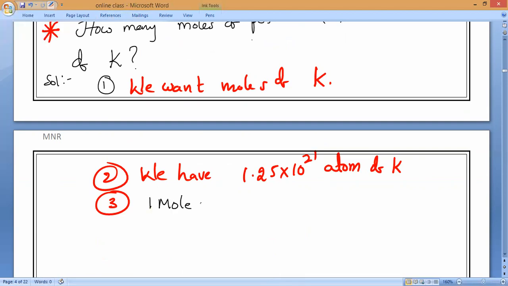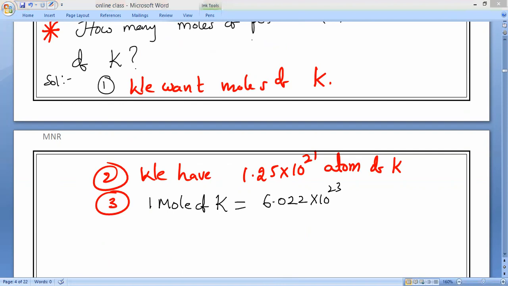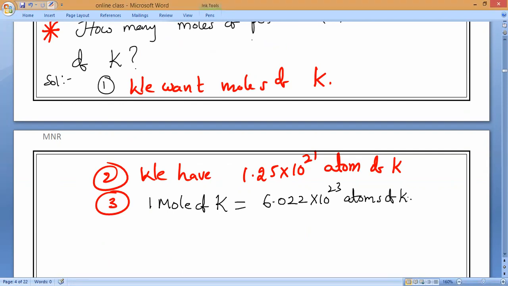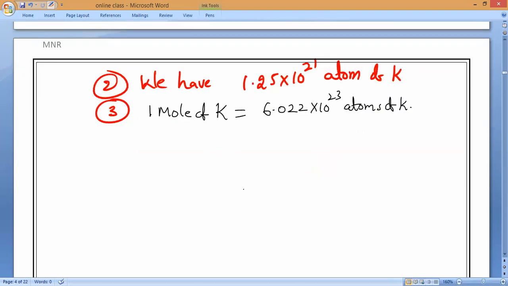So 1 mole of potassium is equal to 6.022 into 10 power 23 atoms of K. Is it clear? Now write the given one first: 1.25 into 10 power 21 atoms of K.